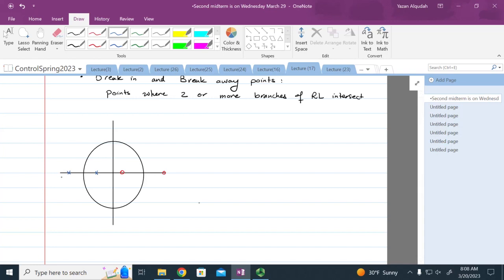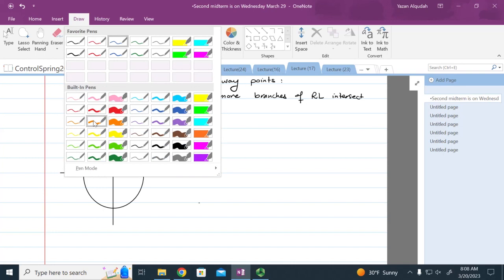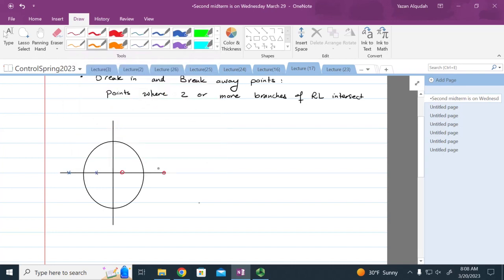On the real axis, which part of the real axis is on the root locus? To the left of an odd number of poles and zeros. So therefore, this is going to be on the root locus. This is going to be on the root locus. Now this root locus is going to look something like this. This is how the root locus for this system is going to look.